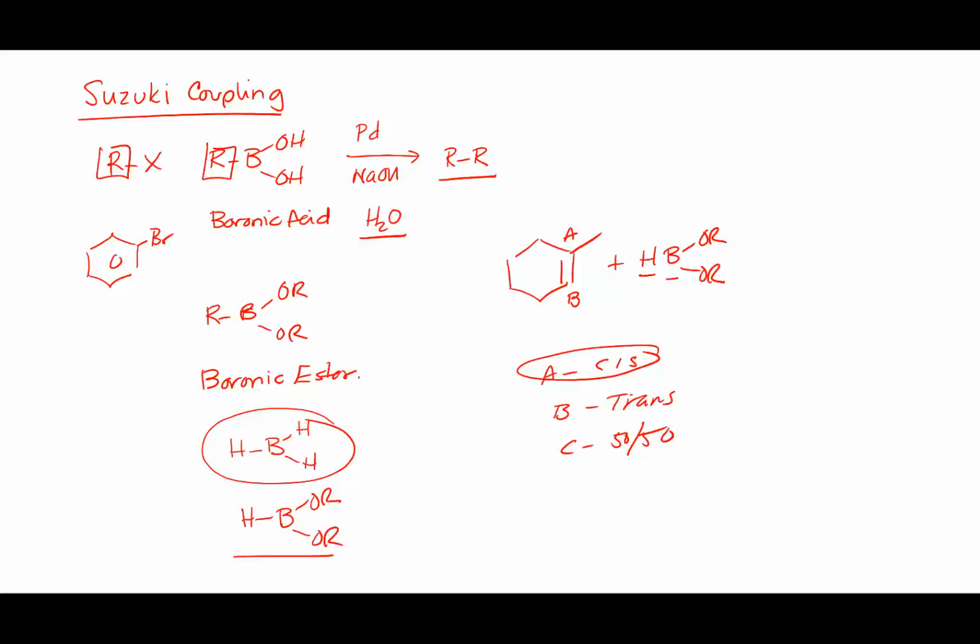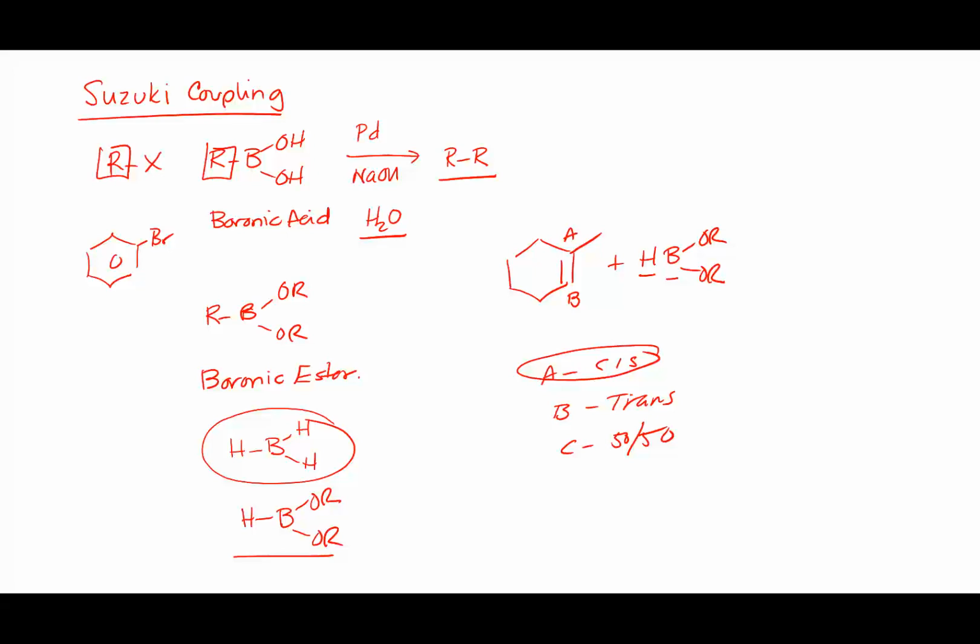BH3, H2O2 is what? Markovnikov or anti-Markovnikov? Anti. So that means the hydrogen has to add to the carbon with the least amount of hydrogens.